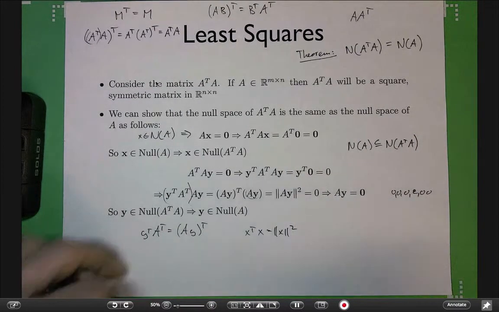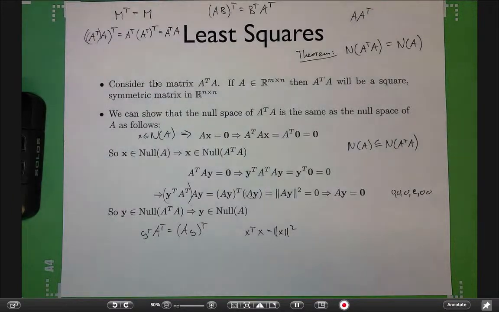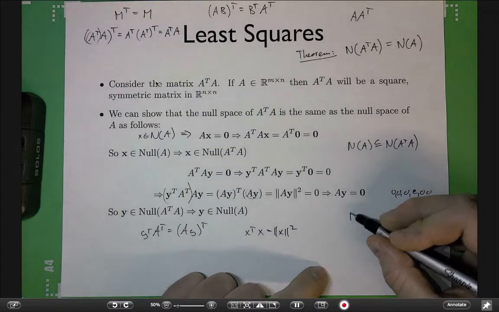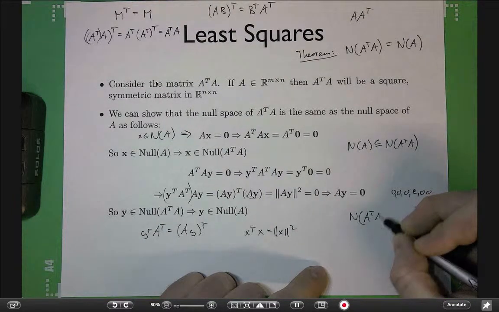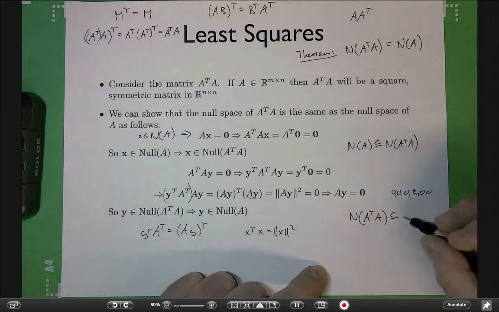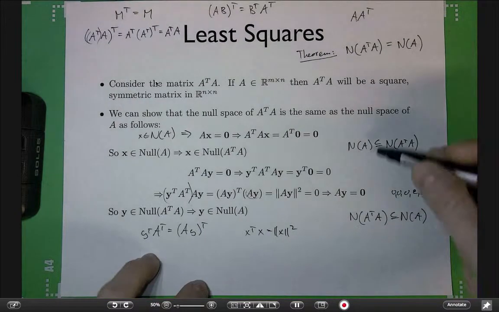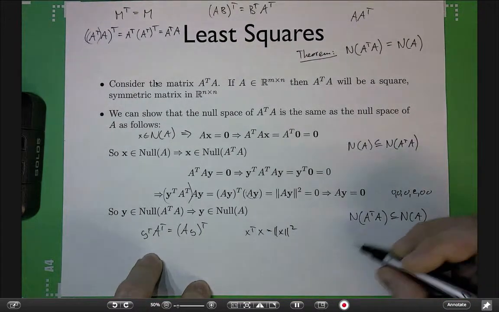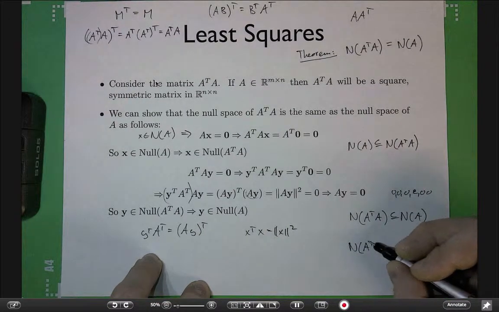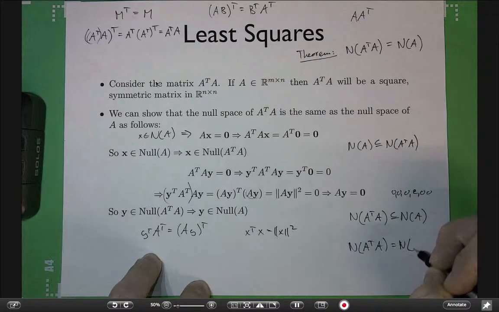So it really has to be 0. That shows the opposite implication, that the null space of AᵀA is in N(A). So from these two inclusions, we can conclude that N(AᵀA) equals N(A).